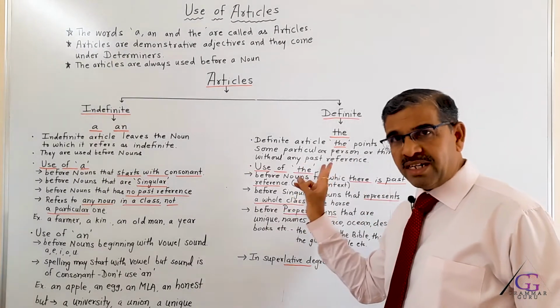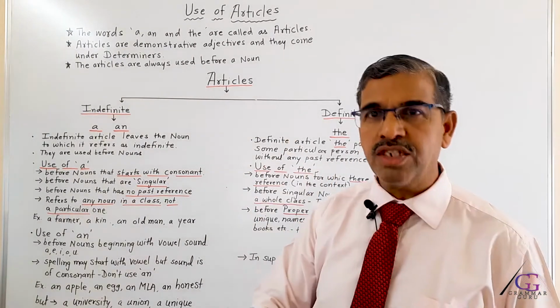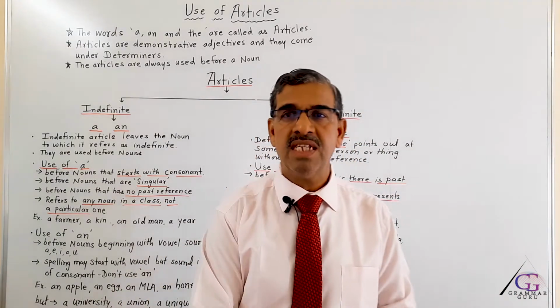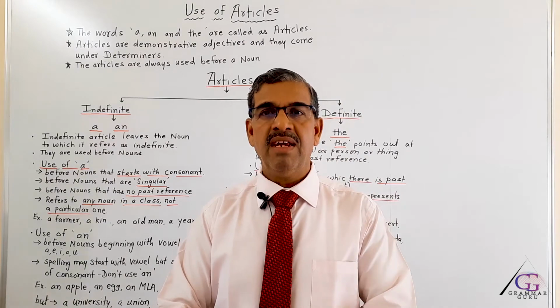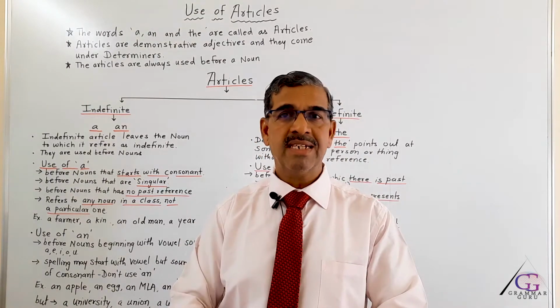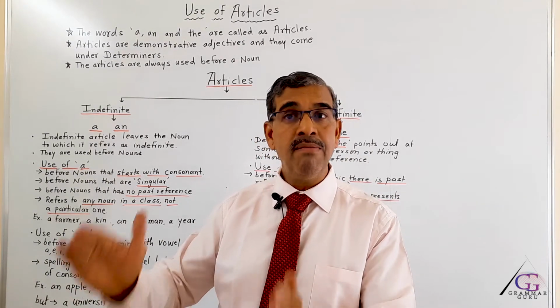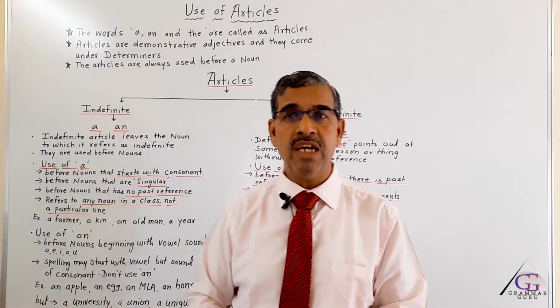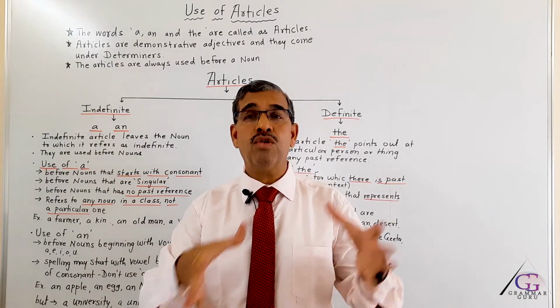And the is used only for those nouns for which there is past reference in our context of speaking. Let's continue the earlier example, once upon a time there was a king was the sentence at the beginning of a story, and then we say King Ashoka lived.